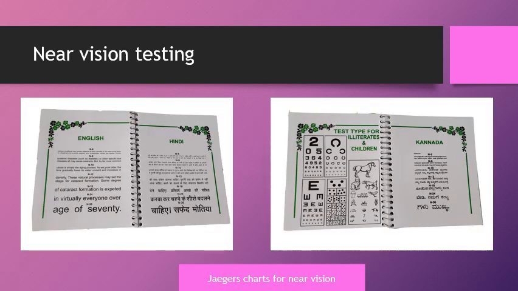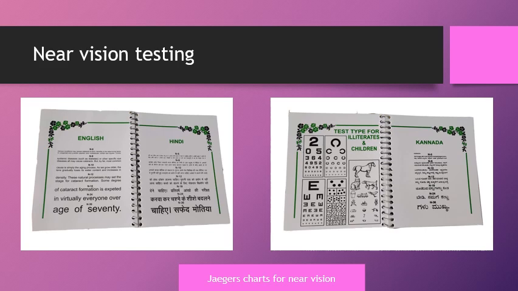The left side picture is showing the chart, the near vision chart which is used commonly in the OPD. This chart contains different lines, which are again represented by numbers. These numbers include N6, N8, N10, N12, N18, N24 and N36. The patient is comfortably seated and the chart is given to the patient, and the patient keeps the chart at a distance of 35 centimeters.